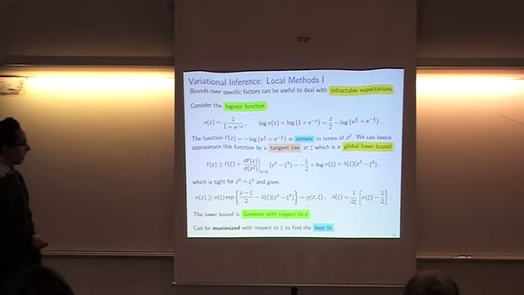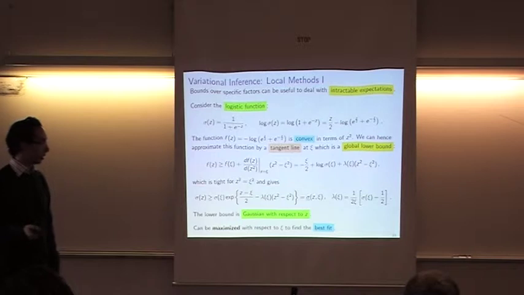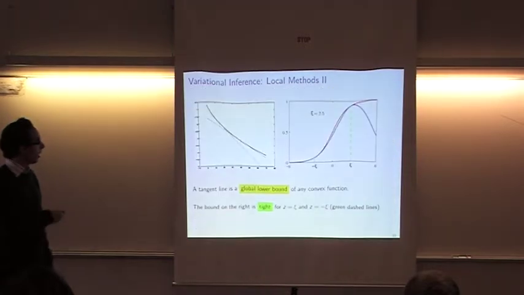So I'm going to have some parameters, for example, the mean and the variance of my Gaussian approximation to the posterior, and I will have some parameters psi that should also be optimized. This shows the lower bound on this logistic function.